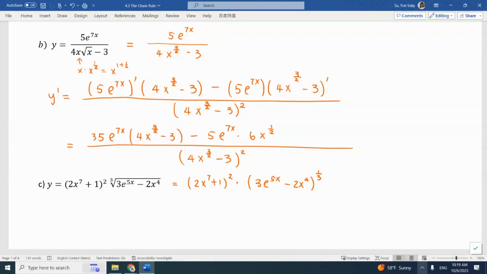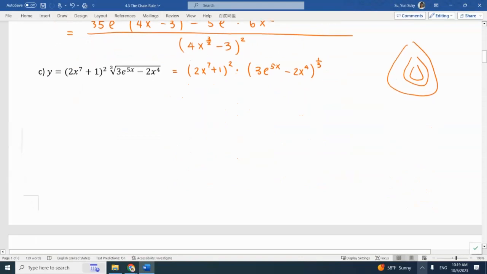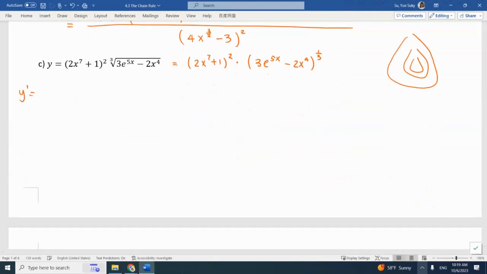So when you differentiate, go from the outside to the inside. Think of it like an onion, and you peel off the layers. The first layer is a product, so you use the product rule. When you differentiate, make sure you put y prime. Don't just put equals, because that would be saying y equals its derivative.